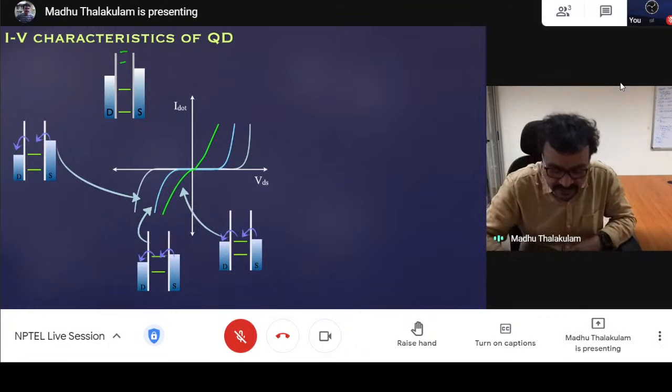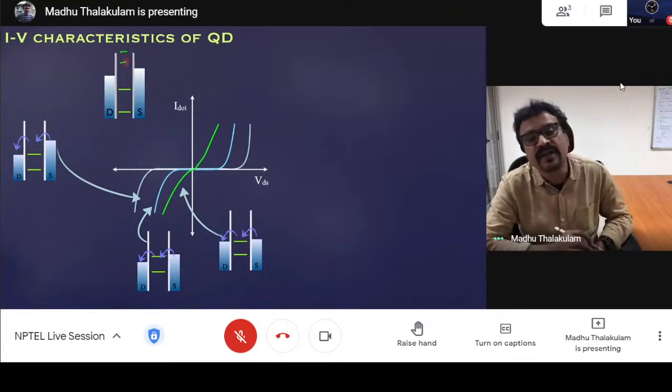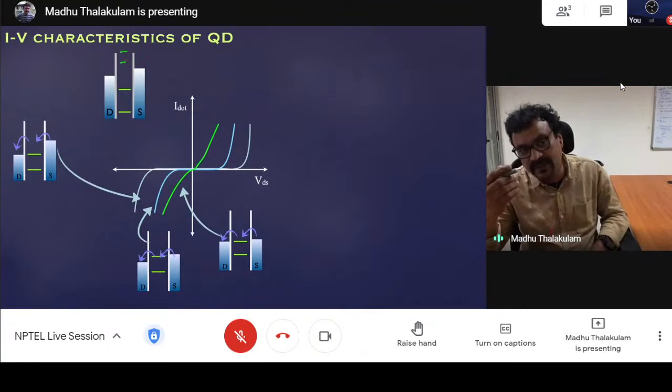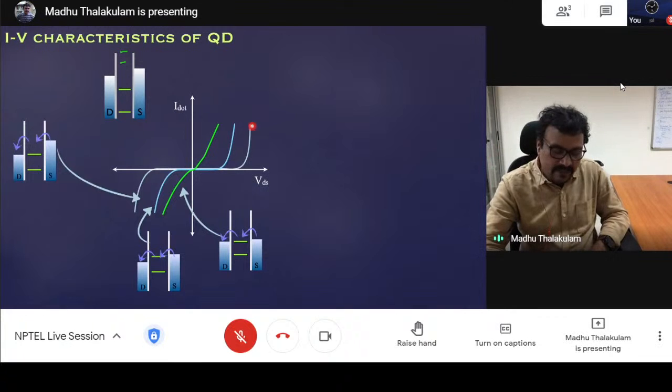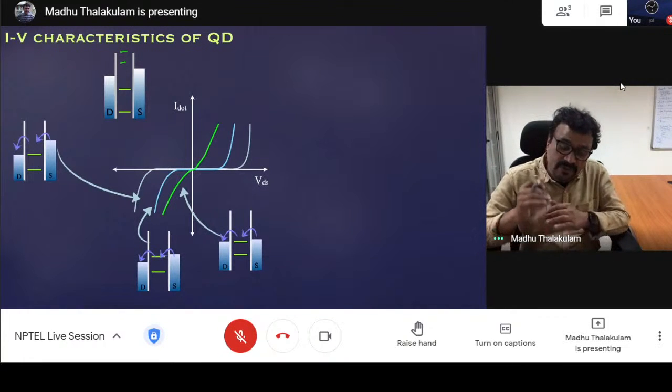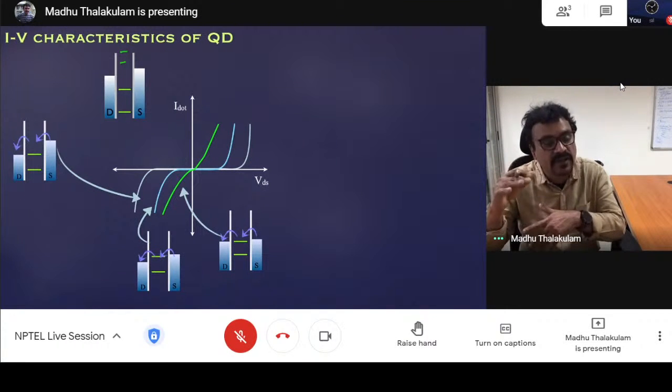So you have transport blocked in this region, and when you increase this VDS, the drain source voltage, further, you will raise this level, and you will be able to access the next available electrochemical potential level.